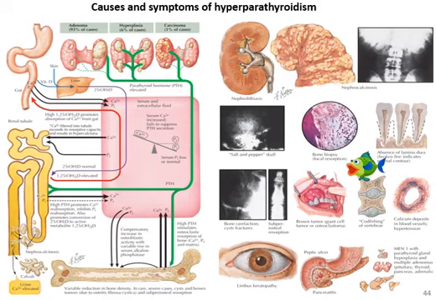It is the generalized osteitis, osteitis fibrosa generalisata cystica, by von Recklinghausen. So, as a summary, lytic bone lesions parallel with extraosseous calcification.